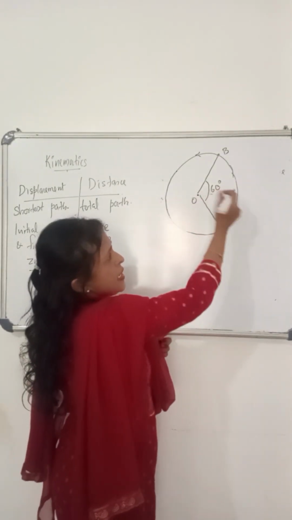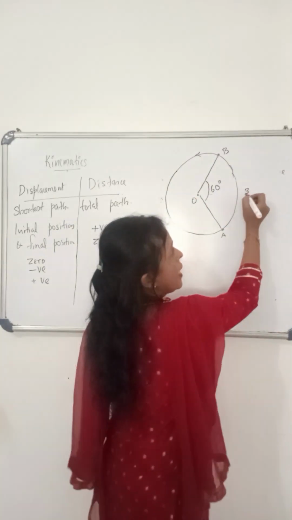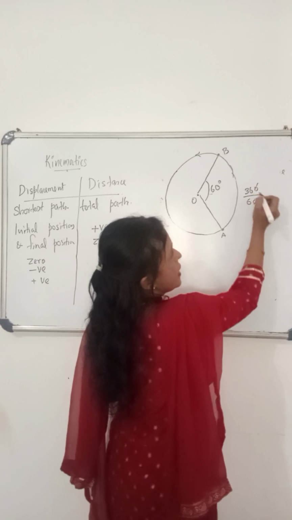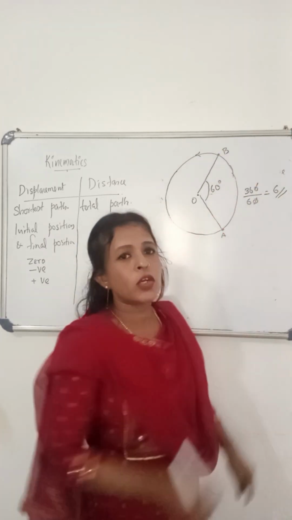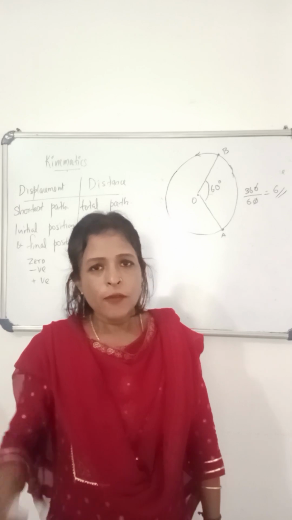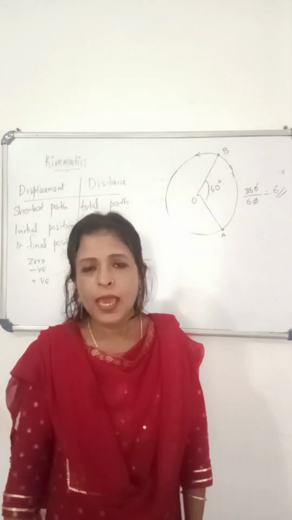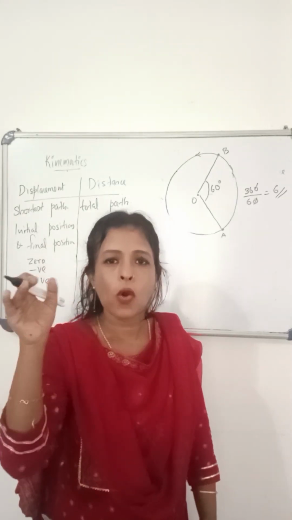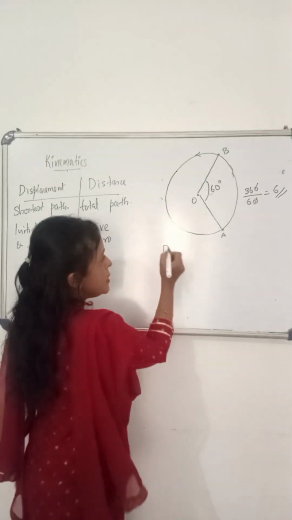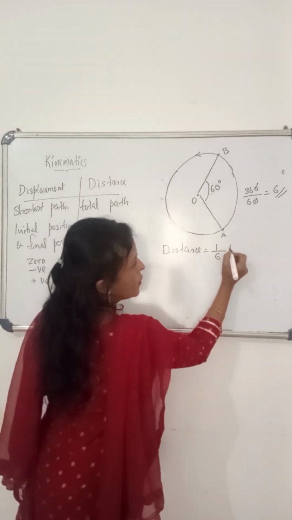We know that the total angle is 360, and 360 divided by 60 is 6. This is the 1/6th part of the total circle. We know that the total perimeter is 2 pi r, so 1/6th of 2 pi r. So the distance is 1/6 of the perimeter.